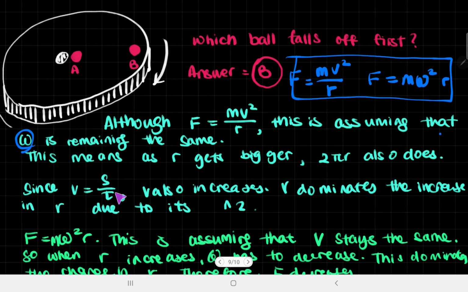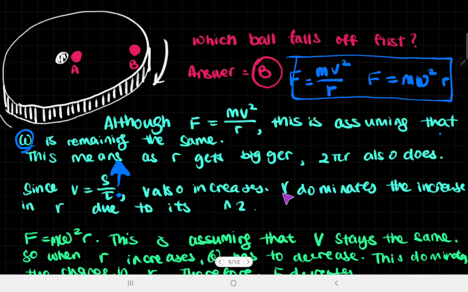Assuming that the time taken for one revolution is the same, and it's going to be the same because of the angular velocity remaining the same. That means that time is fixed. However, the distance traveled is going to go up because 2 pi r has gone up, which means velocity will increase.